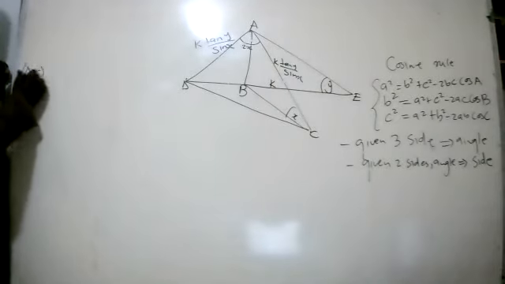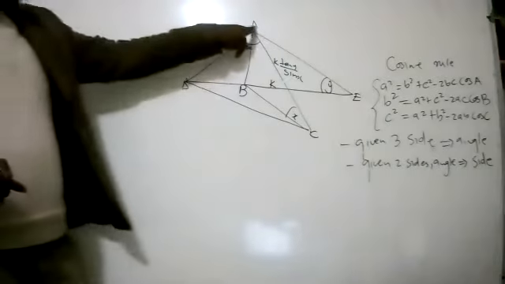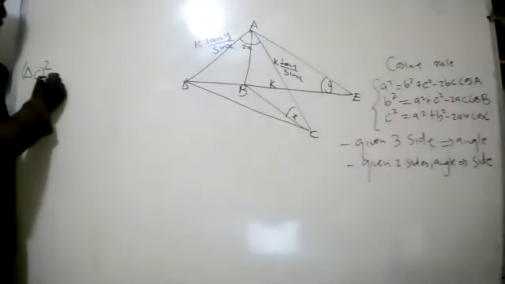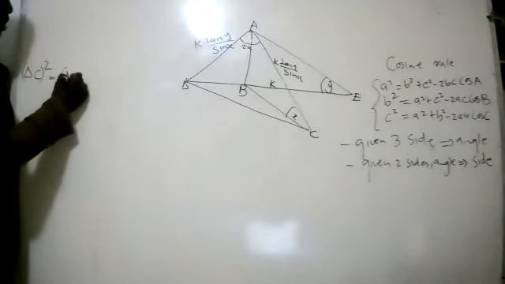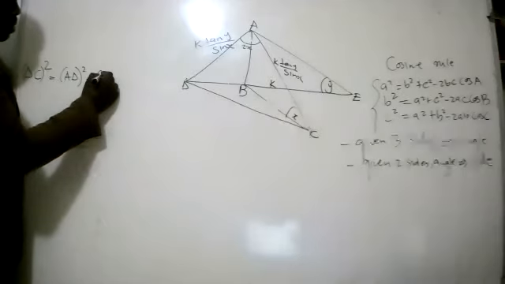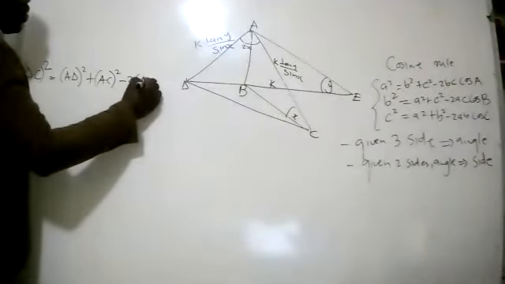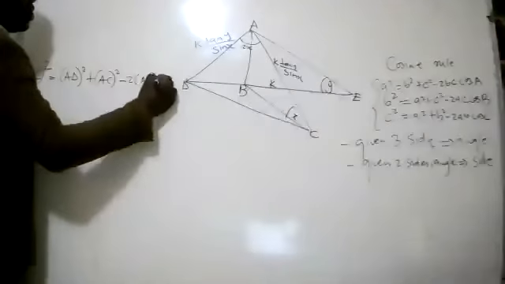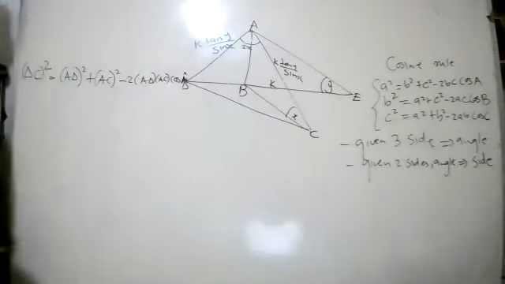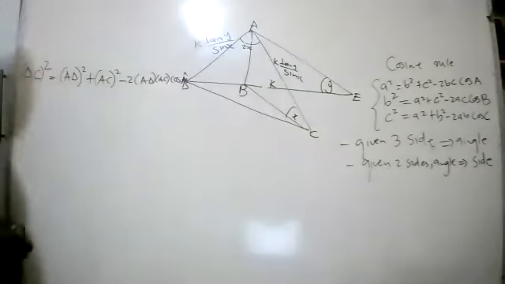So when DC is the subject of the formula, the angle must be angle A. So we have DC squared equal to AD squared plus AC squared minus 2 into AD into AC cos of angle A. That is how we can write the formula based on the information given.